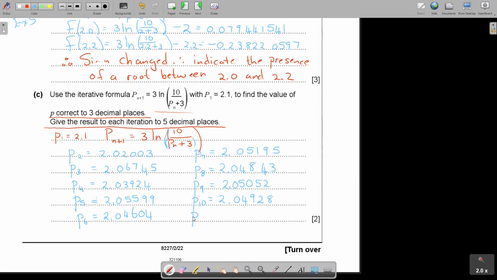I'm just going to first go on and then I'll check. Okay, and it's 2.05002. But I think I already got it, because if you go 3 decimal places, 1, 2, 3, no, still not.